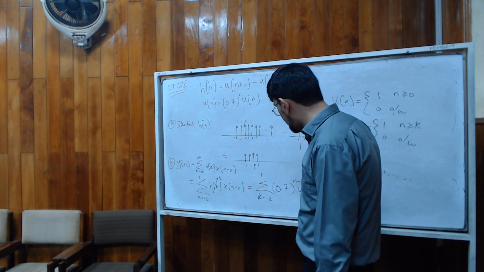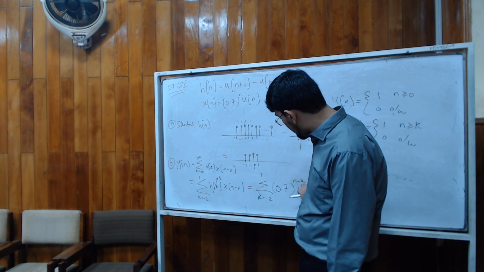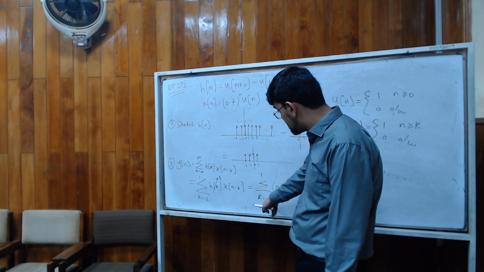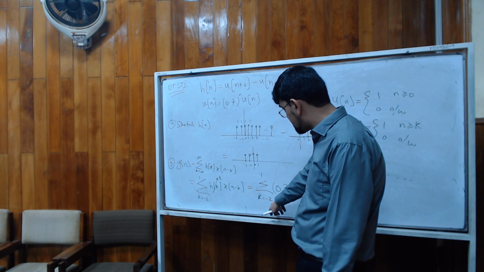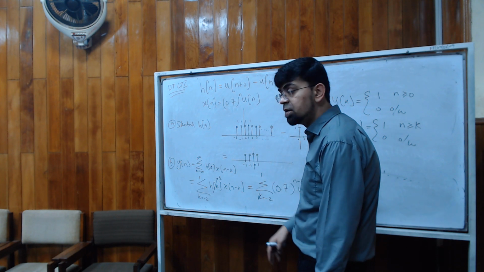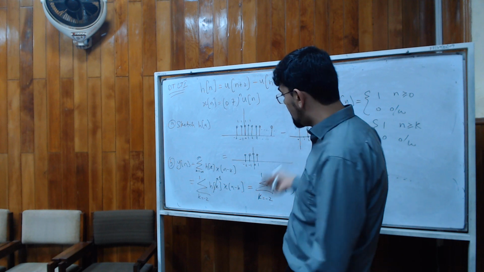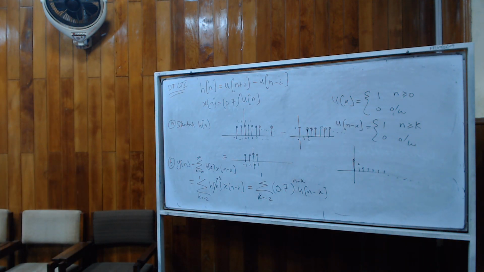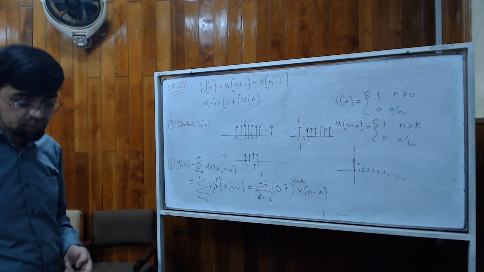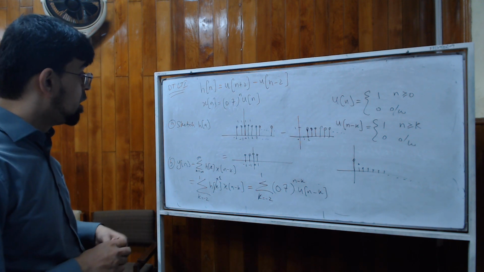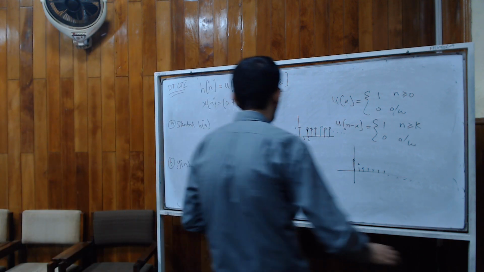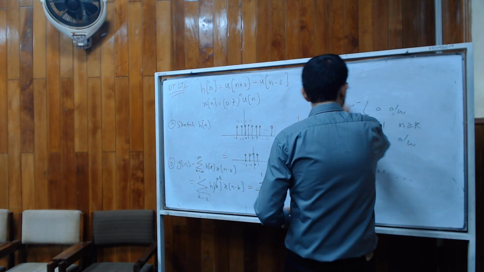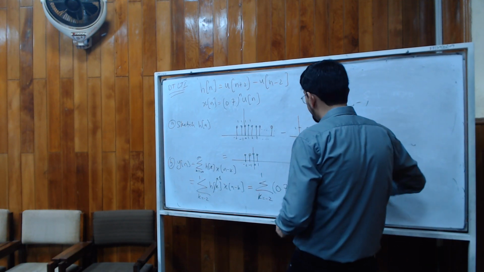Just expand it to 4 terms for k equal to -2, k equals -1, k equals 0, k equals 1. Just expand it and see what values you get, and you will start seeing some pattern there, and that will be the solution.